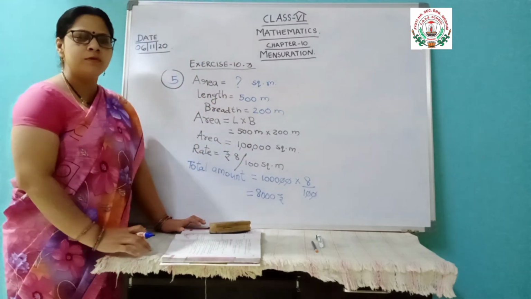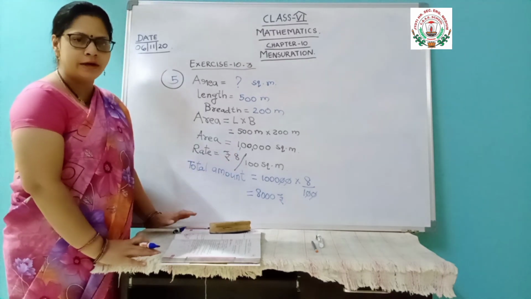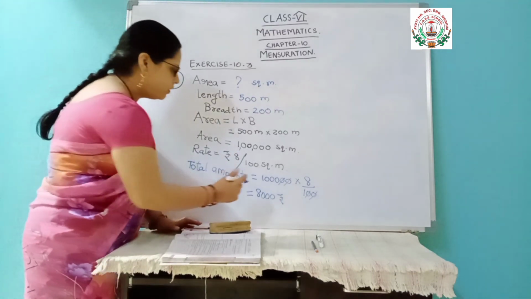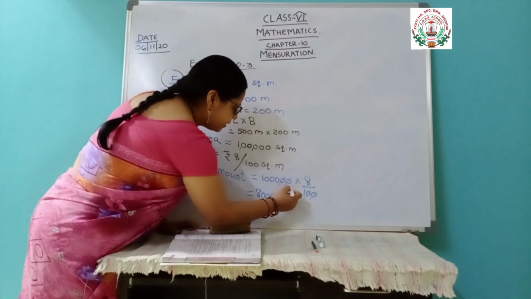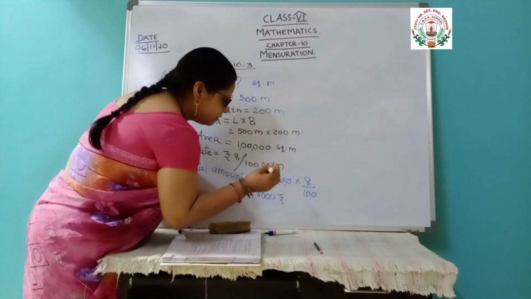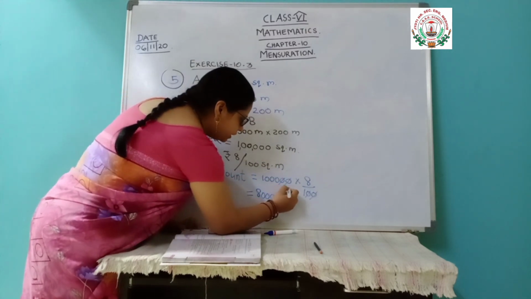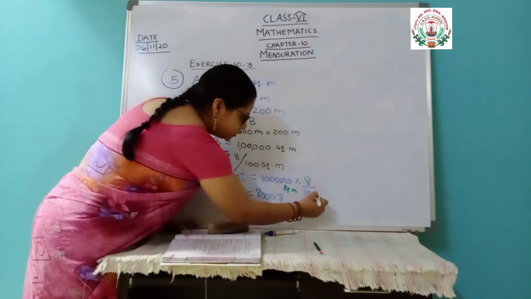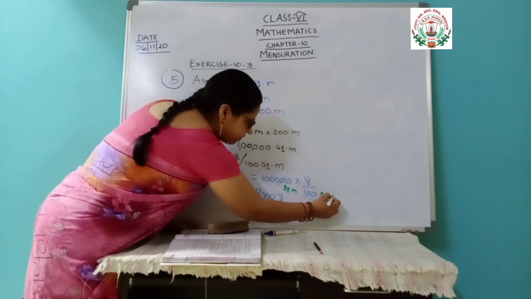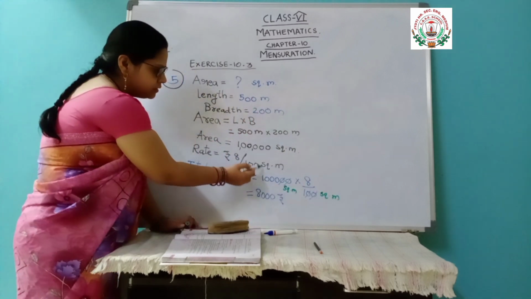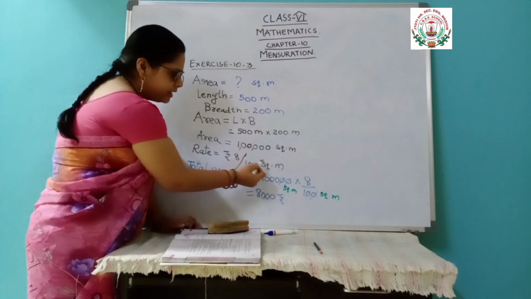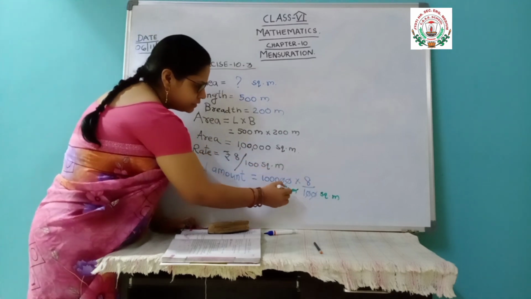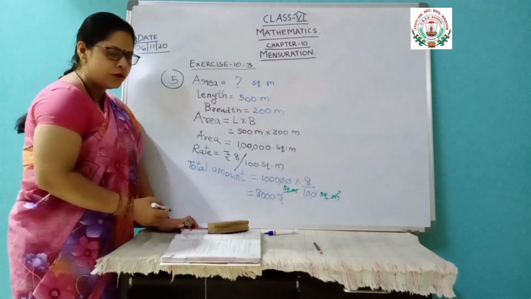Now some students will ask where the square meter has gone. I am writing with a different color to show. This much is the square meter, and this is per 100 square meter. So this square meter and this square meter got cancelled.